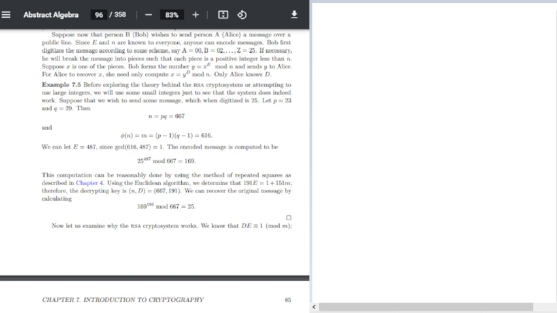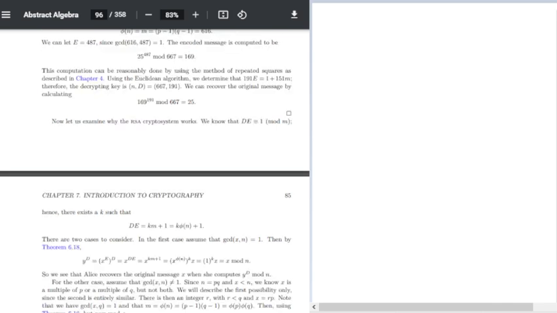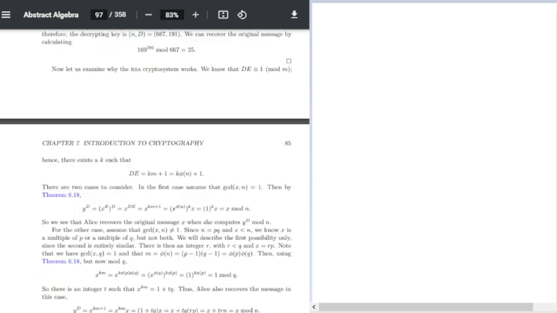Now, let us examine why the RSA crypto system works. We know that de is congruent to 1 mod m. Hence, there exists a k such that de = km + 1 = k phi(n) + 1. There are two cases to consider. In the first case, assume that the greatest common divisor of x and n is equal to 1.